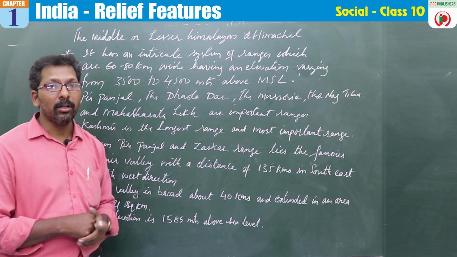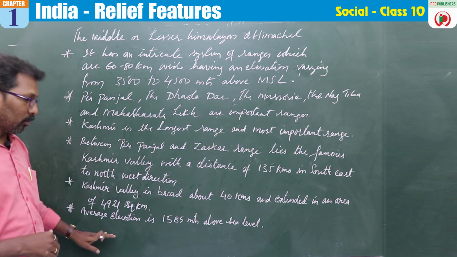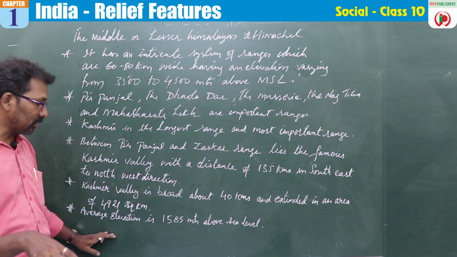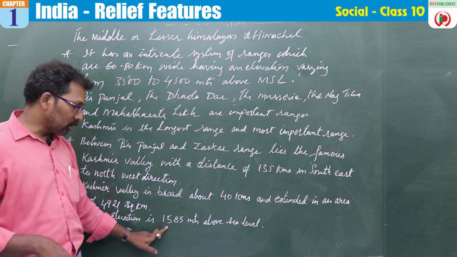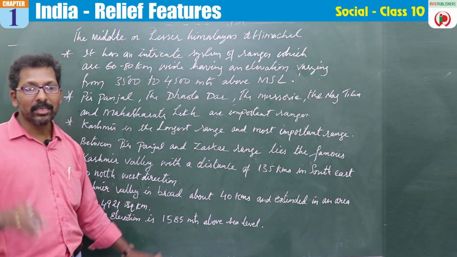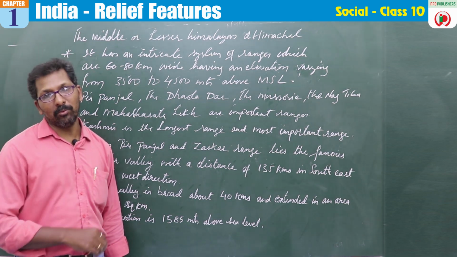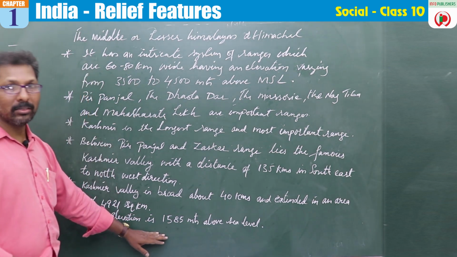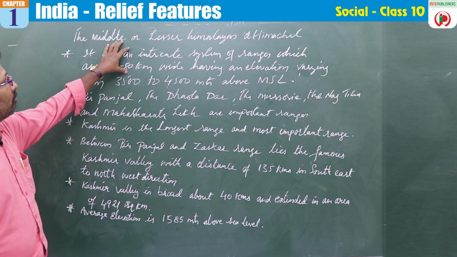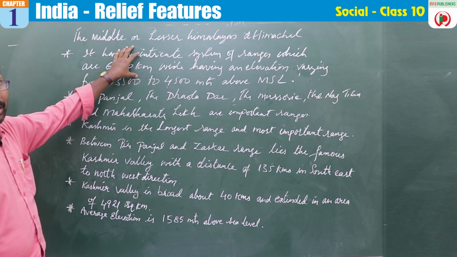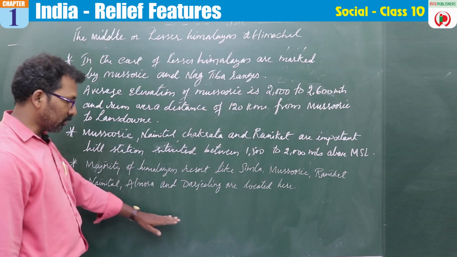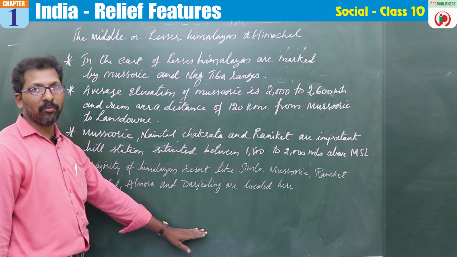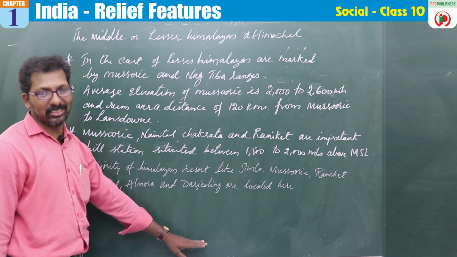That is the breadth of this Kashmir Valley. Then what is the average elevation here? It is 1,585 meters above sea level. Hope you have understood this topic of the middle or lesser Himalayas. Then we'll continue the topic. So the average elevation of the Kashmir Valley is 1,585 meters above sea level.